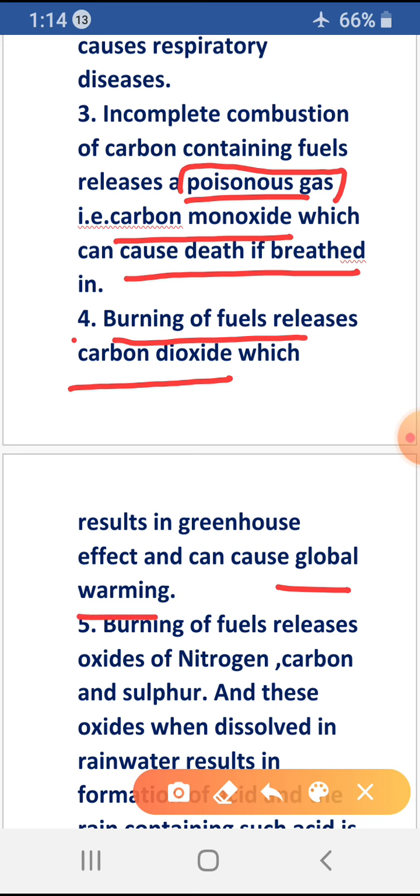We all know carbon dioxide is a major greenhouse gas, which results in the greenhouse effect. That is, it traps the heat energy coming from the sun. The more the carbon dioxide, the more will be the trapping, the more will be the temperature. Finally, it results in global warming. That is again harmful for our ecological balance.